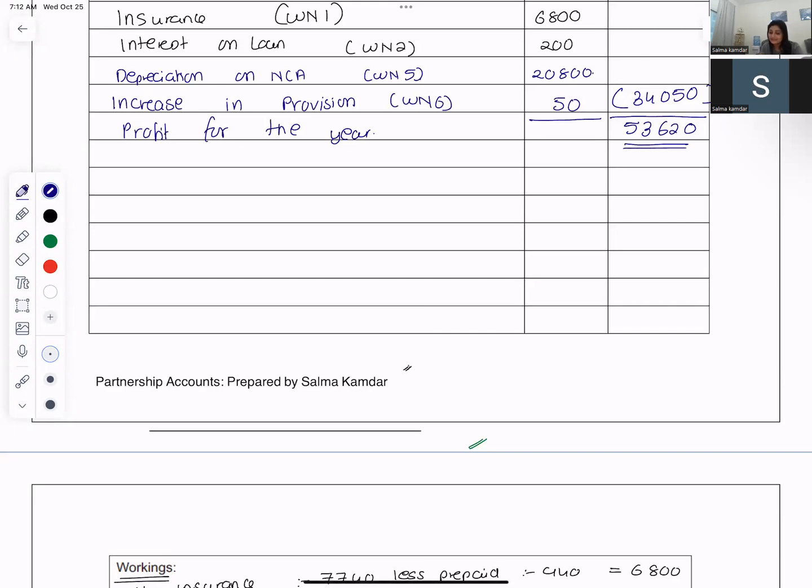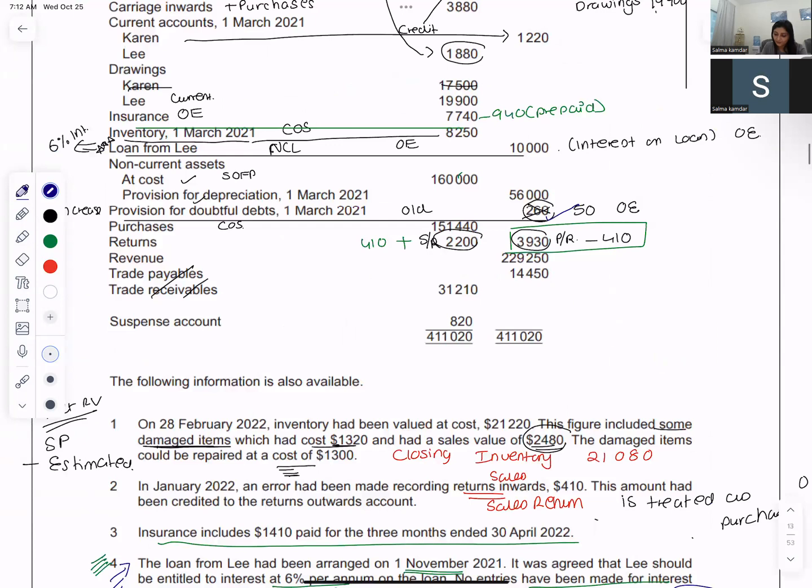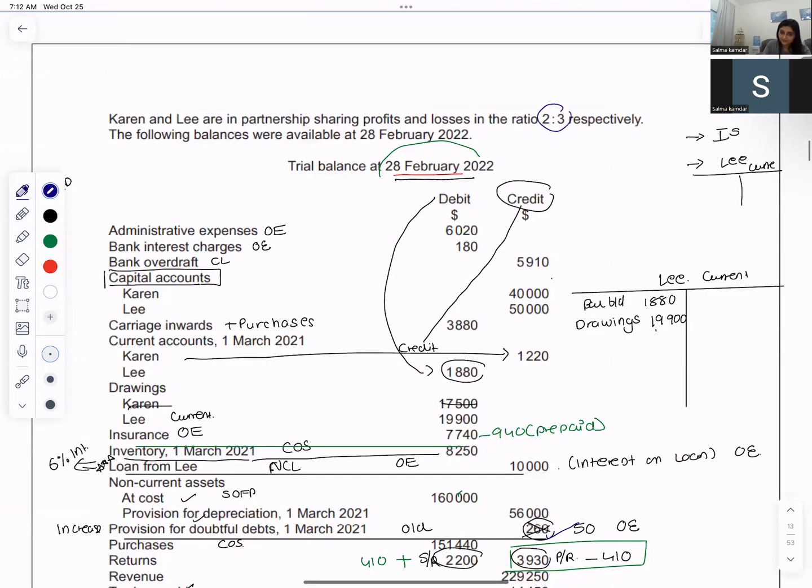53,620 is the profit for the year, which is to be shared between Karen and Lee in the ratio of 2:3.